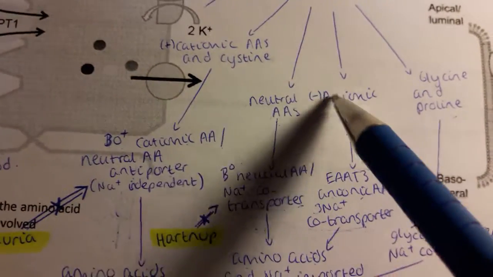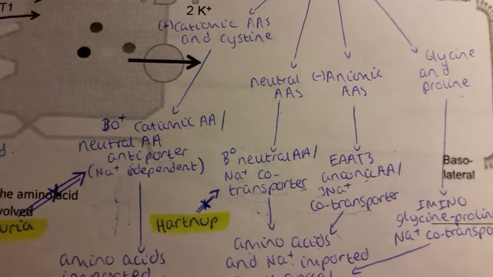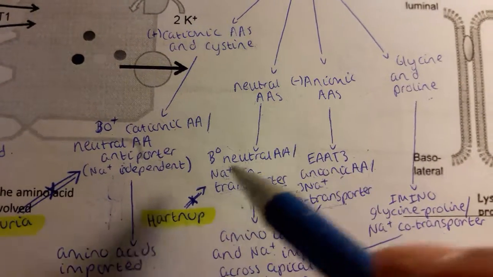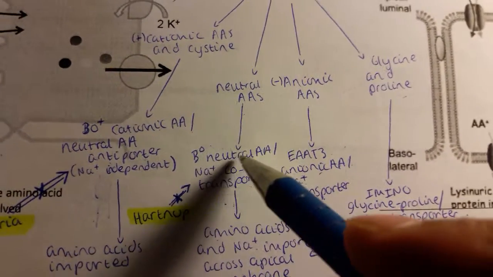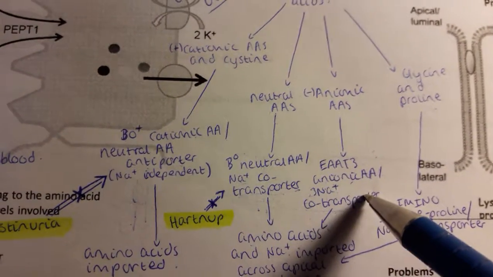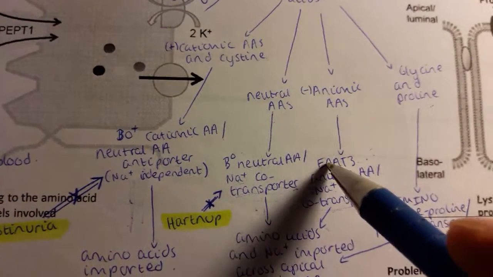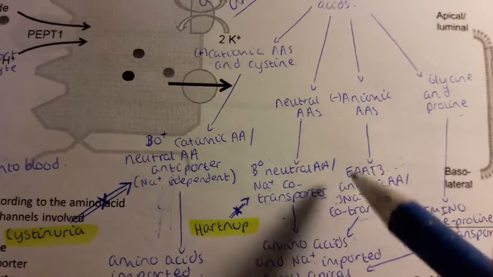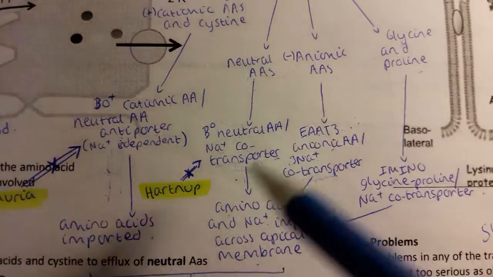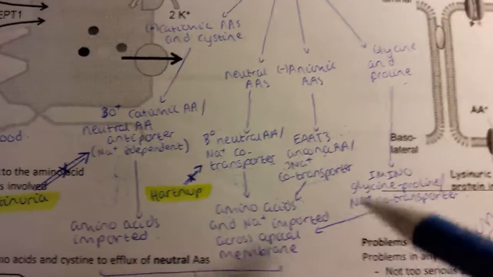It means that the anionic, the negative amino acids, are transported across the apical membrane into the enterocyte along with 3 sodiums. So just like the B0 cotransporter, this is an EAAT3 cotransporter. The way you can remember this one is EAAT: the 2 A's stand for anionic amino acids. And again, that results in amino acid as well as sodium import, so it's sodium dependent.